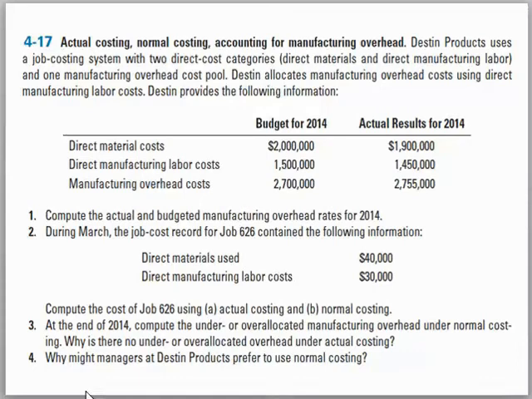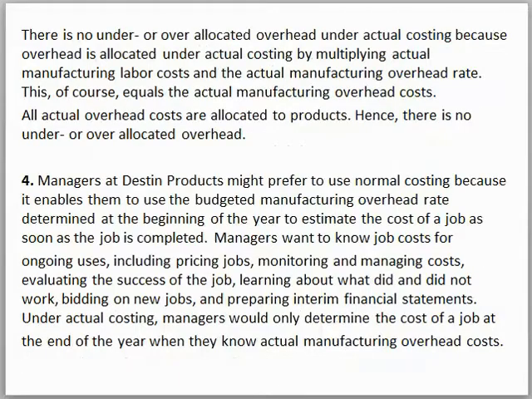Number 4, he asked, why might managers at the same product prefer to use normal costing than the actual costing? Here is the answer. Managers at distinct products might prefer to use normal costing because it enables them to use the budgeted manufacturing overhead rate determined at the beginning of the year to estimate the cost of a job as soon as the job is completed.